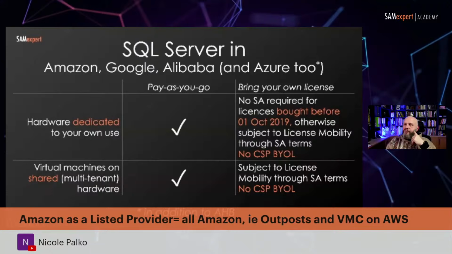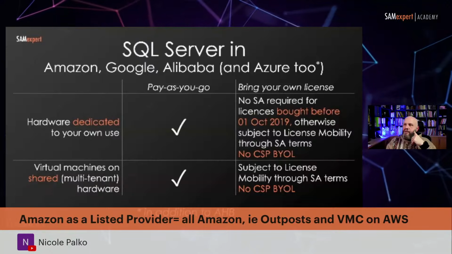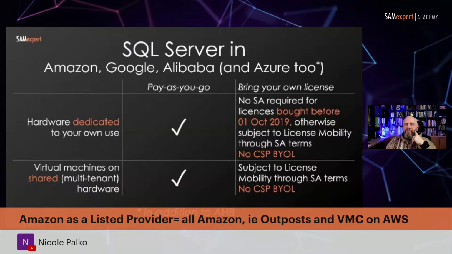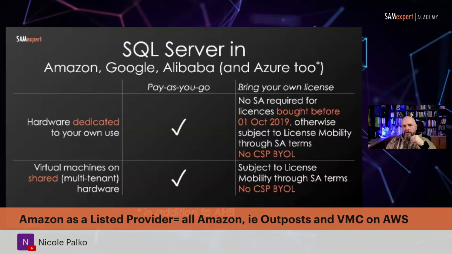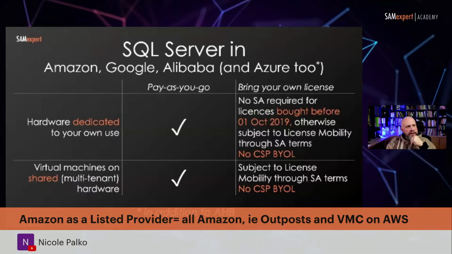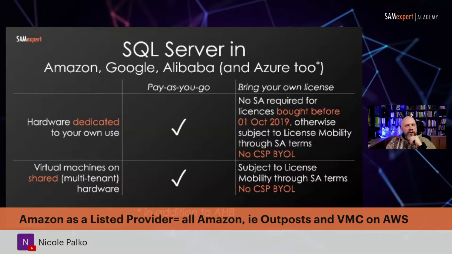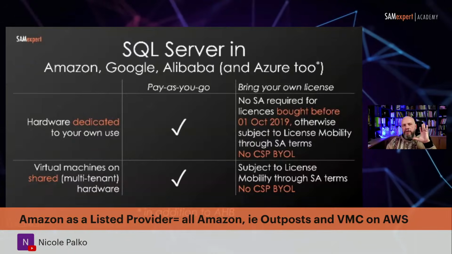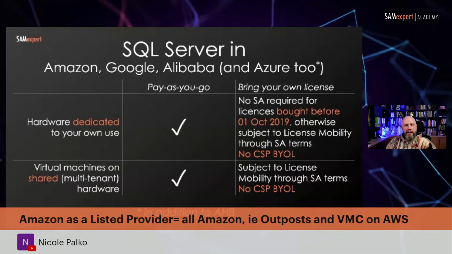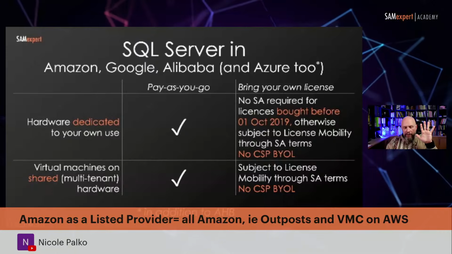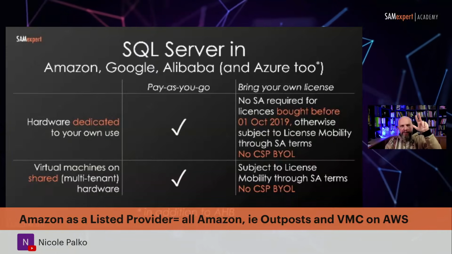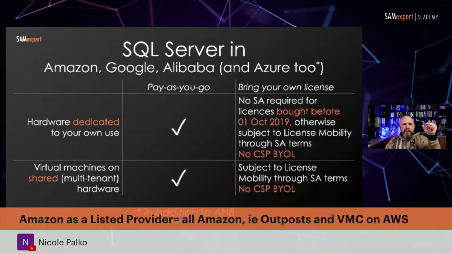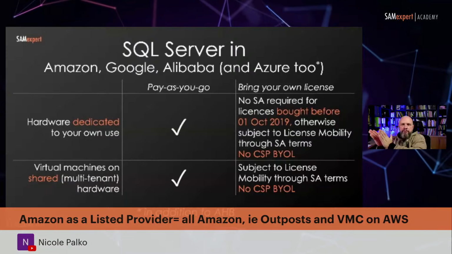Nicole has a suggestion. Amazon is a listed provider. All Amazon. Okay, so Nicole, the actual answer from Microsoft is like this. There's a document called "Here are the listed providers," and I was wrong when I said it's just AWS, because it says Microsoft, Amazon, Alibaba, and Google, without specifying any divisions of those or different cloud platforms.